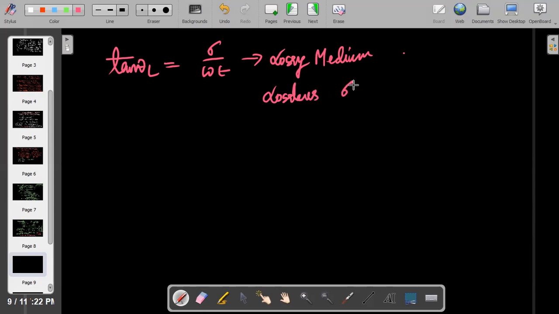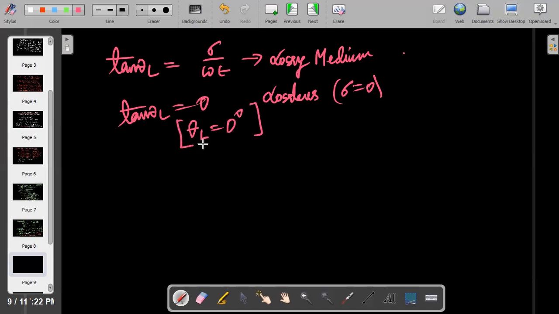For lossless, we told sigma equals 0. So your tan theta L equals 0, which implies theta L equals 0 degree.